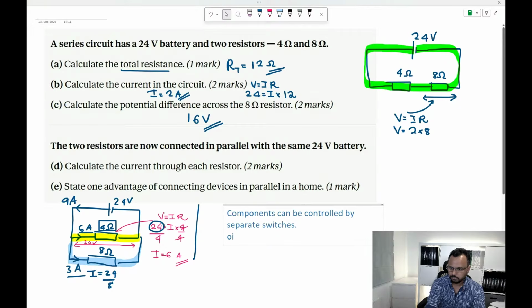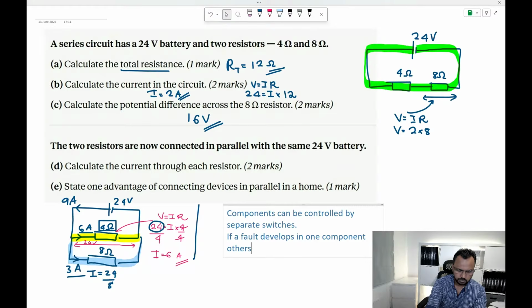Also, if a fault develops in one component, others will still work in parallel.